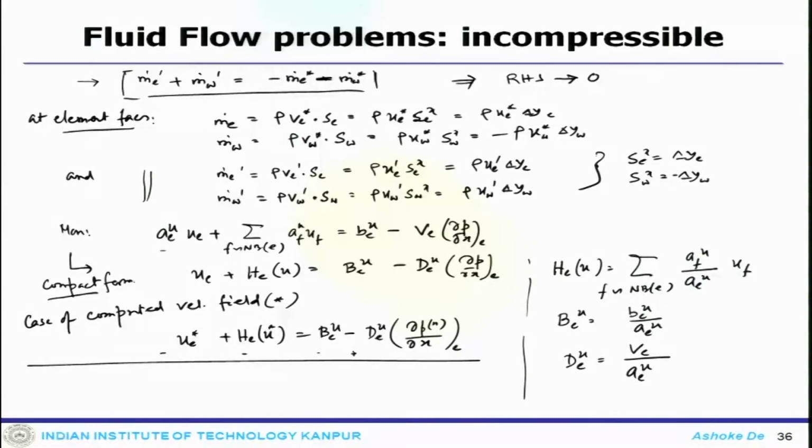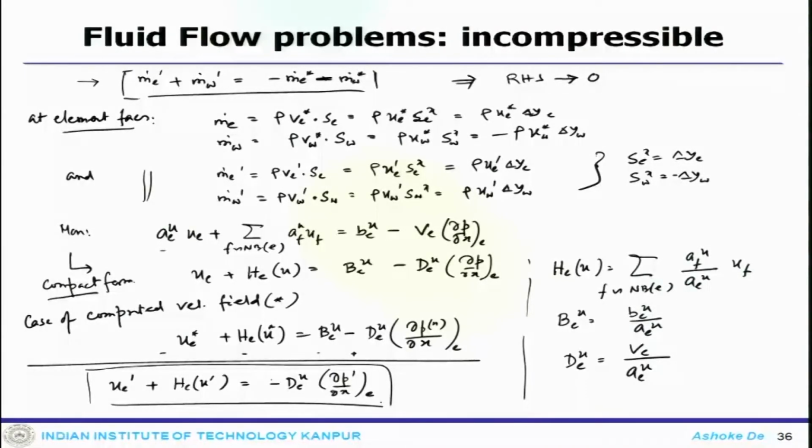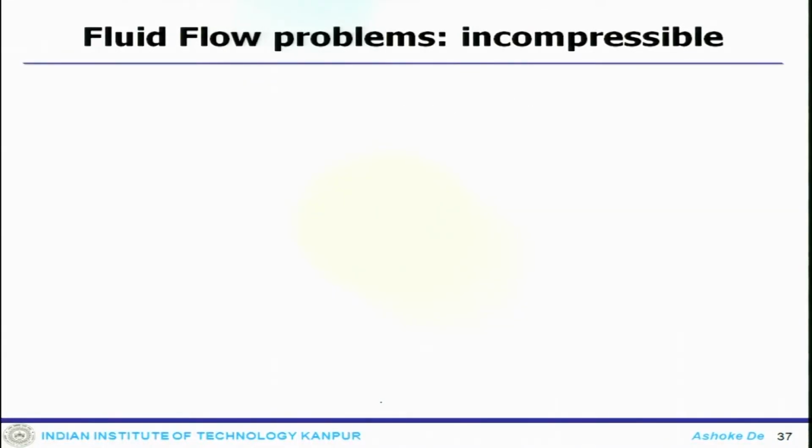If you subtract, it gives a compact equation: uE prime plus HEU prime equals minus DEU del P prime by del X at E. Exactly the same approach one can adopt for the W phase and write uW prime plus HWU prime equals minus DWU del P prime by del X at W.